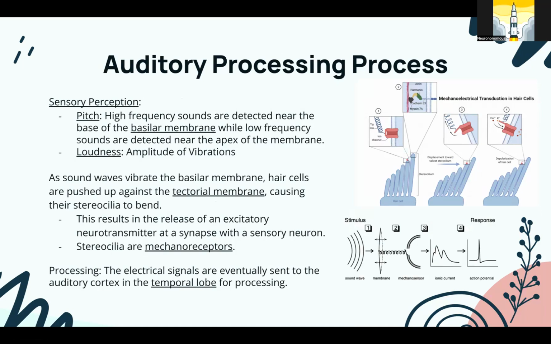So let's take a look at that. As the sounds vibrate the basilar membrane, hair cells are pushed up against the tectorial membrane. What we see here is that we have these hair cells attached to the basilar membrane, like at the bottom.